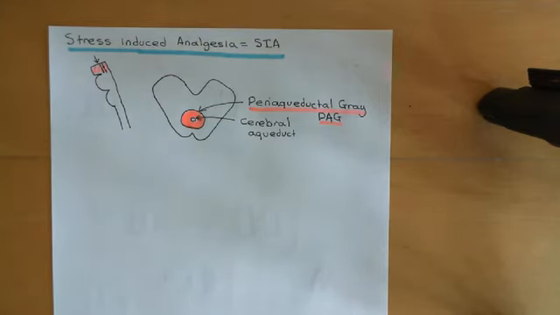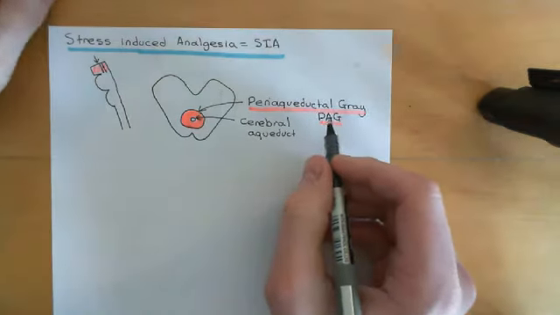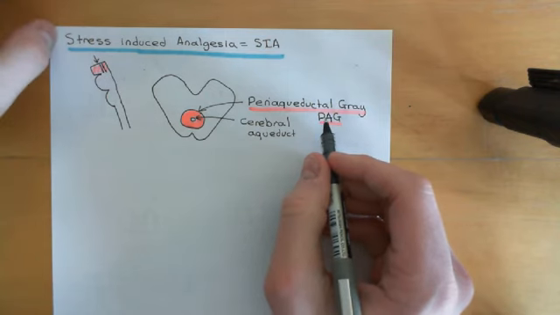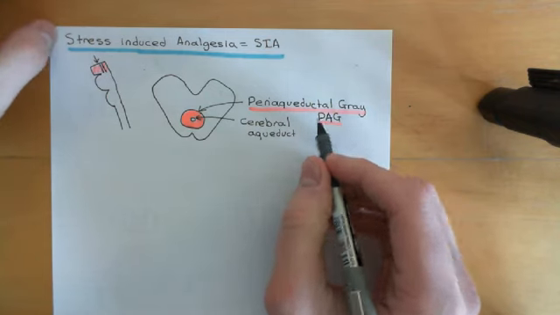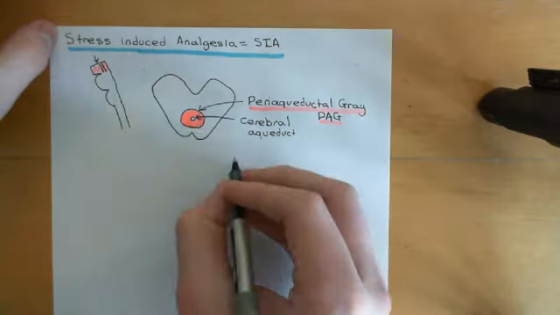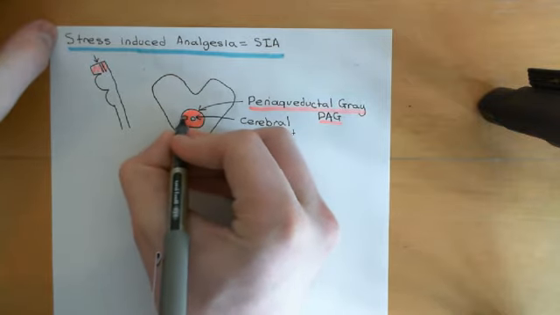The neurons in the periaqueductal grey, interestingly, can be activated by mu-opioid receptors. So the neurons in here, I might just draw a little neuron here. So here's a cell body of this neuron.